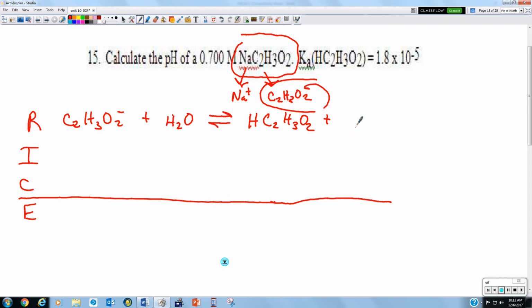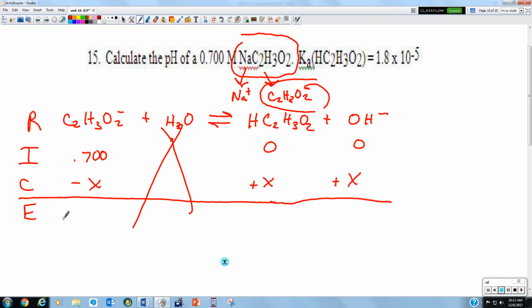Plus, we lose a hydrogen from water, and so that becomes OH negative. All right. From our problem, we had a concentration of 0.700. Water doesn't matter. And our initial concentrations of these two are 0. It means this is going to subtract, this is going to add, and that's going to add. So 0.700 minus x, x, and x.